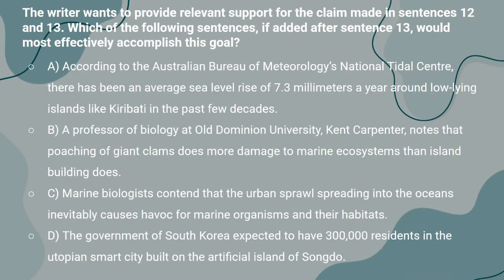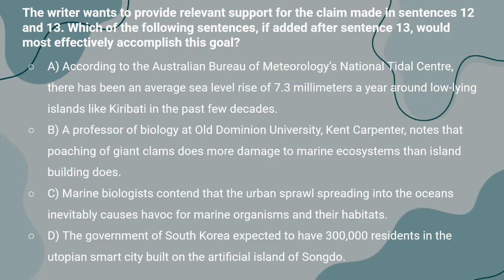So let's look. A: According to the Australian Bureau of Meteorology's National Tidal Center, there has been an average sea level rise of 7.3 millimeters a year around low-lying islands like Kiribati in the past few decades. I don't think this is very helpful because even though this is true, we don't know how low lying it is. It's not such a great answer, but let's keep it on the table.